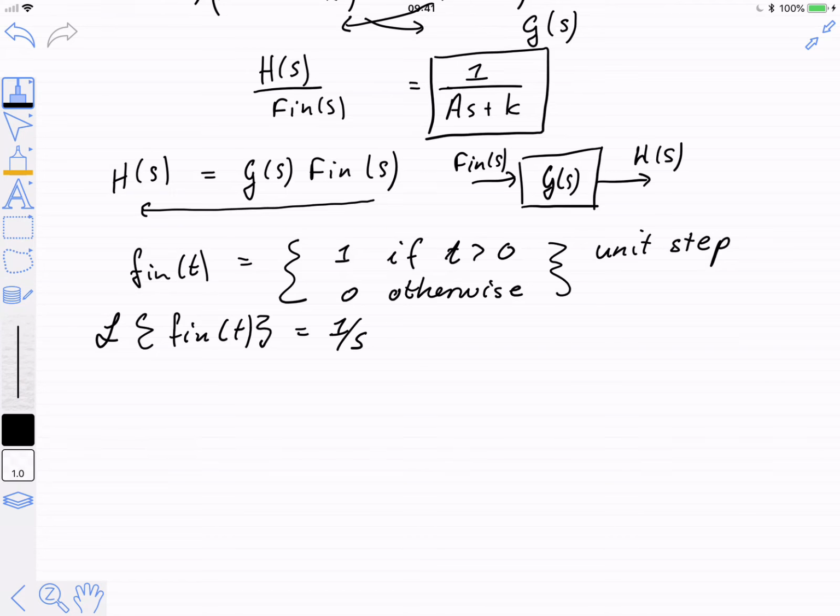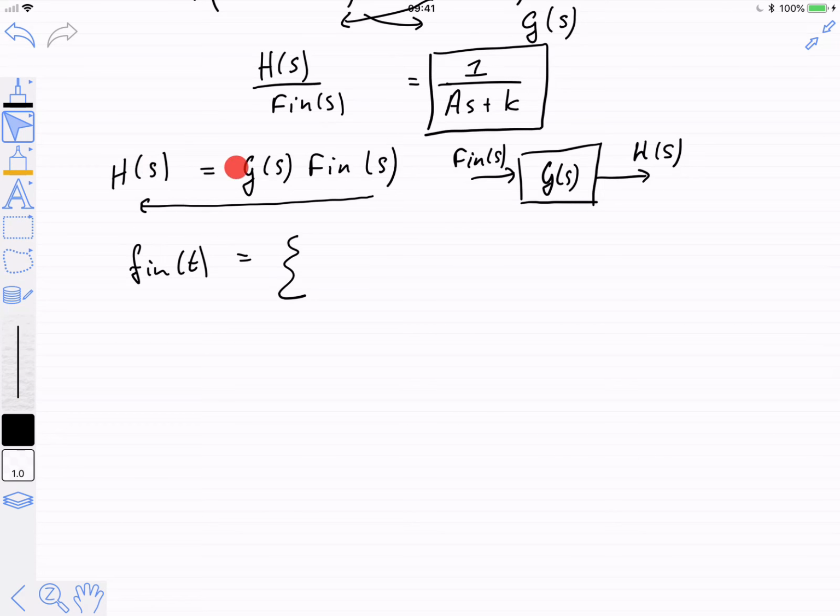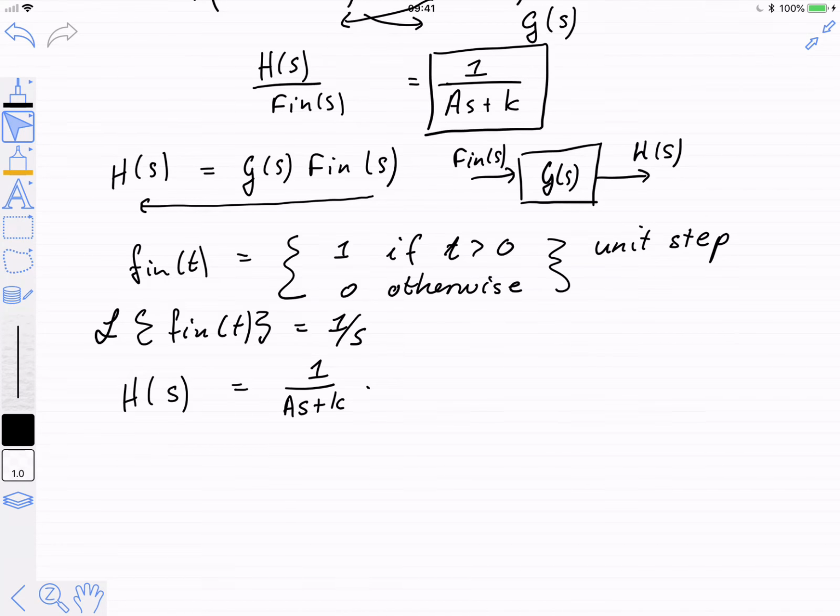We don't have to prove it, right? And what does that mean? I now have a Laplace domain expression for h of s, right? Because I've got this, that's g of s, and remember I said h of s is g of s times f in of s, right? I've already figured out what g of s is, and I now substitute f in of s, which is 1 over s, right?